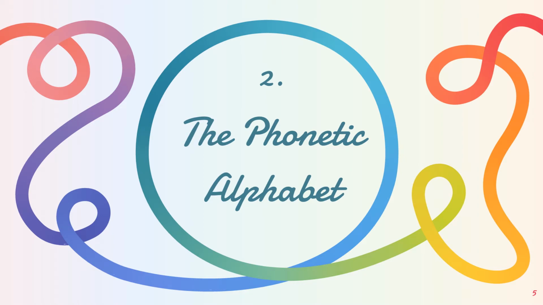Section number 2, the phonetic alphabet. English spelling is a traditional way that words are written in English using the 26 letters of the Latin alphabet. This system is very complex and doesn't represent very well how English words are spoken. Sometimes the same sound is spelled many different ways, and sometimes different sounds are written the same way.